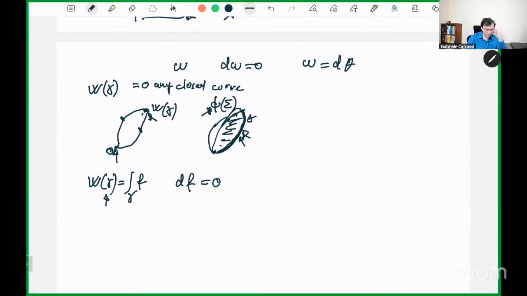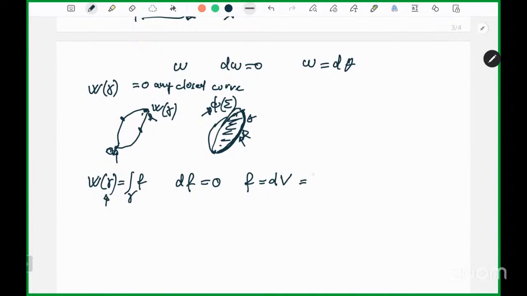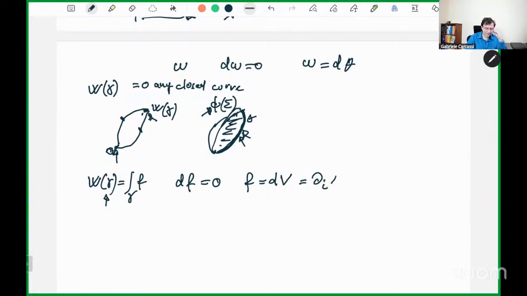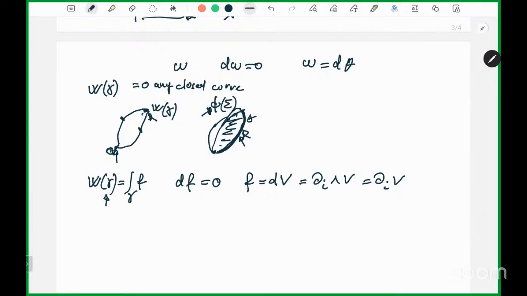And now we are going to be able to say that f is the exterior derivative of some scalar function v. Which basically, if you write it in components, is this. And since there is nothing to antisymmetrize, this is just the gradient of v. Does that make sense?